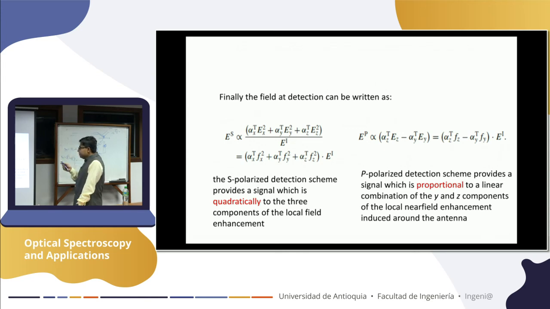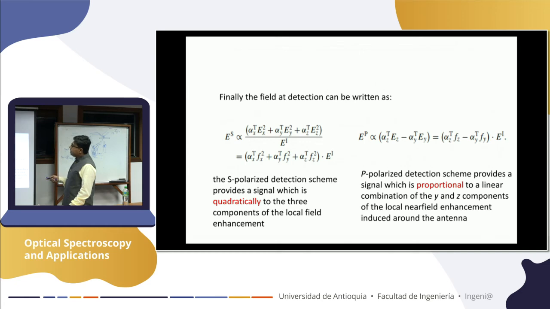Going back to the same polarizability analysis, you are deriving your polarizability in X, Y, Z. It is not only the X dimension or any one dimension. It has components in the X, Y, and Z direction. So your polarizability can be written as alpha X EX, alpha Y EY, and alpha Z EZ, because it is a vector in three-dimensional space.